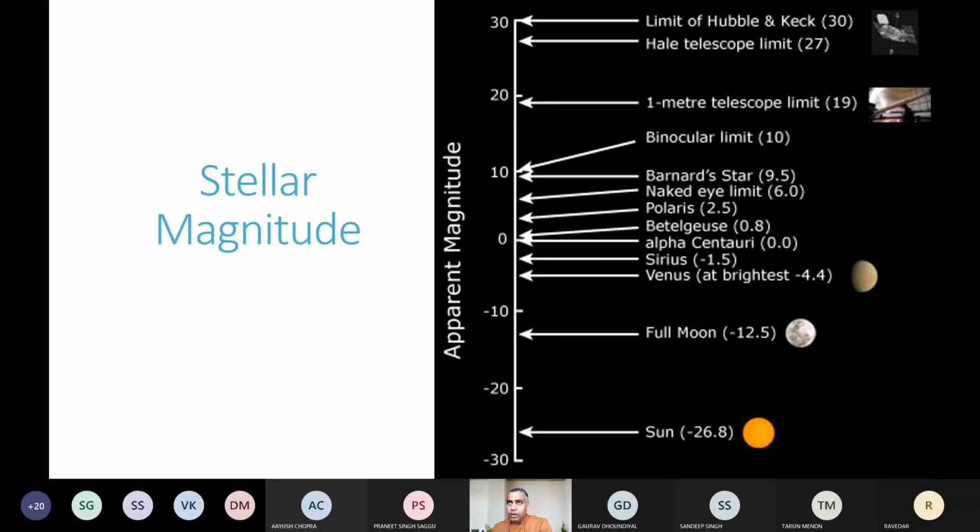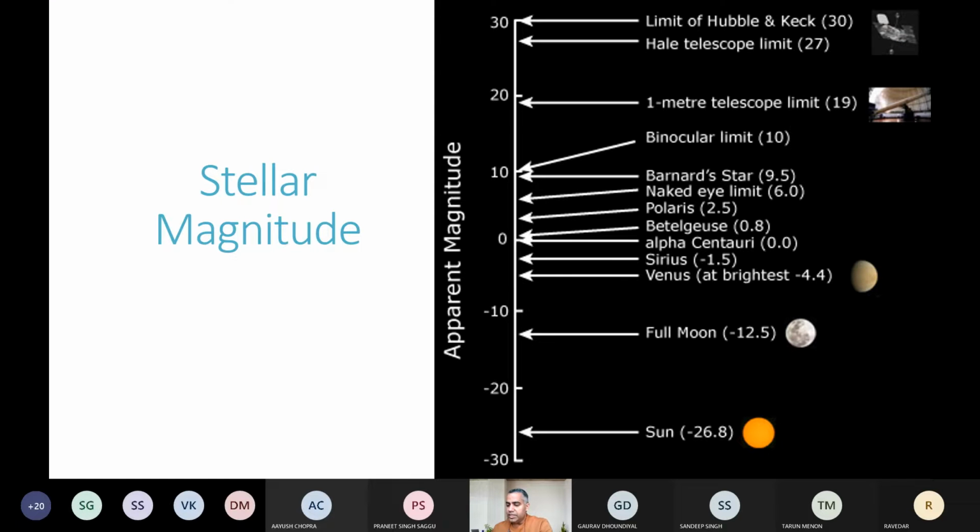Now, the amount of light which comes to us from a certain body varies from body to body. The brightest body in the sky is the sun. After sun, the next brightest celestial object is the moon. After moon come different stars and planets.